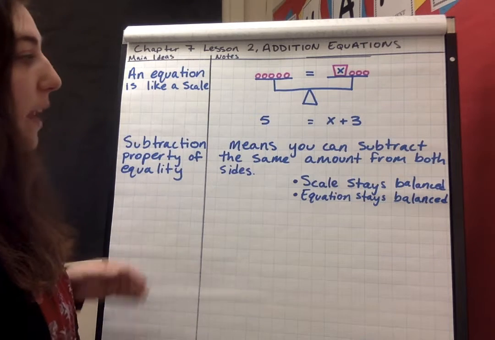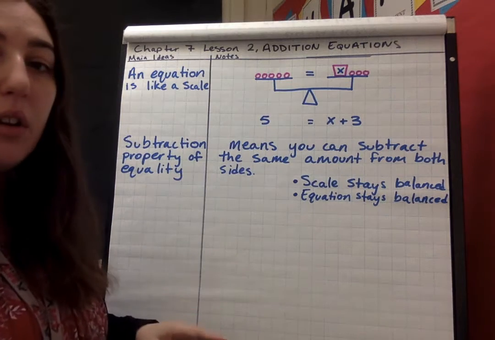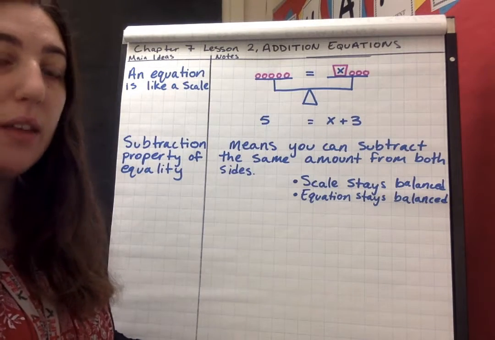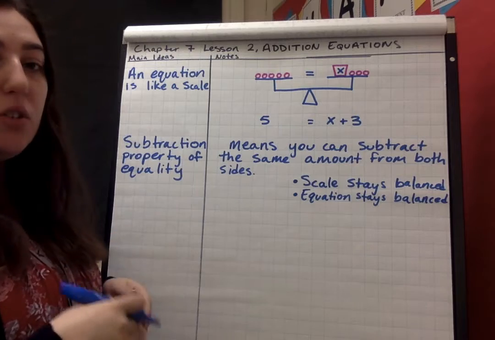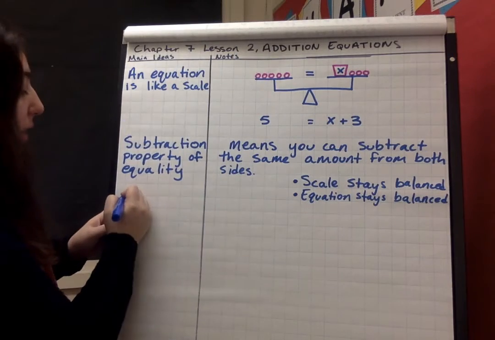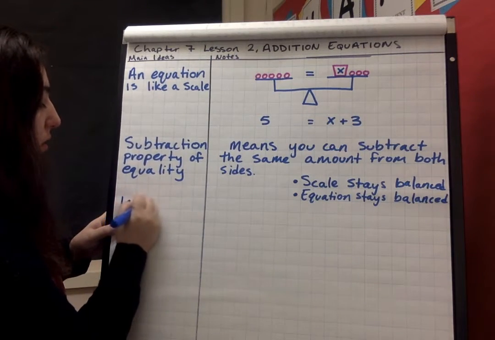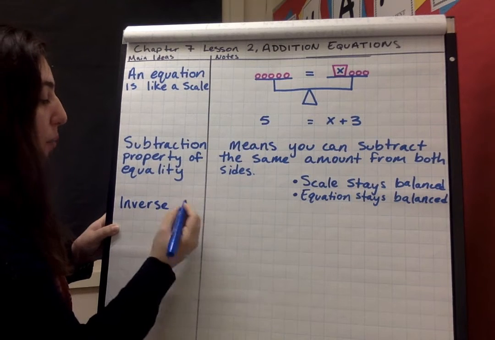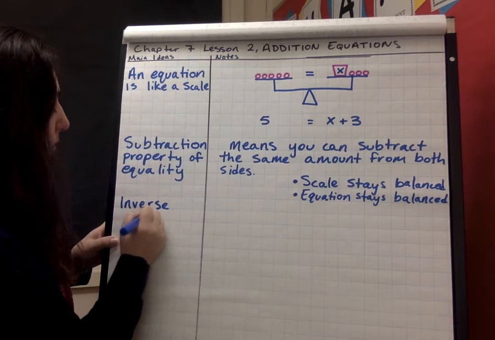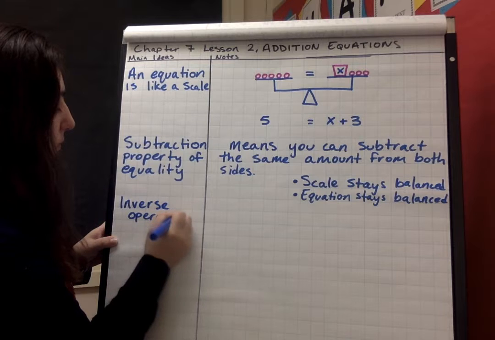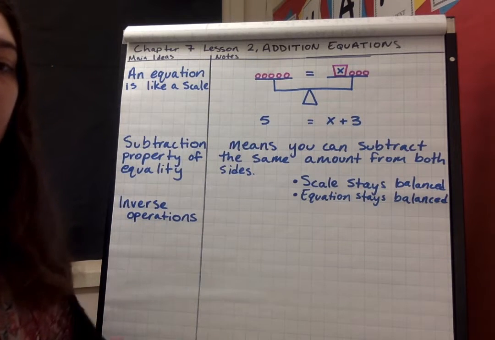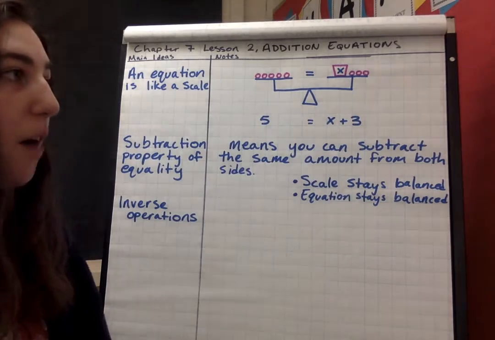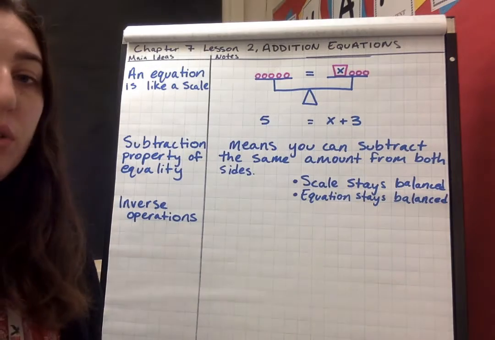Okay, now the other thing that we're going to learn that's going to help us in our process of keeping our equations balanced is inverse operations. So inverse operations are operations that undo each other.